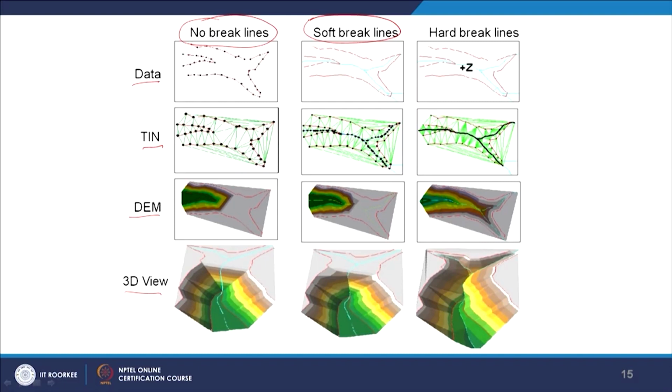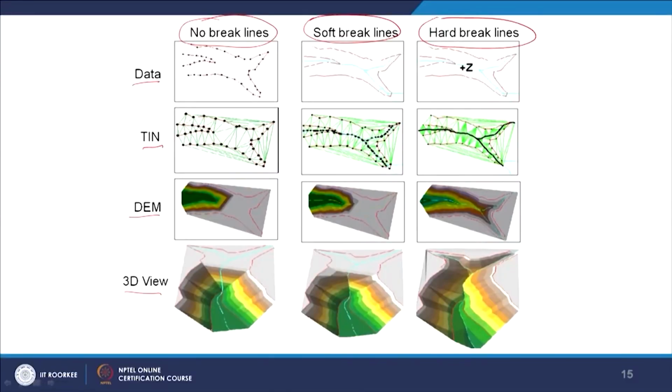Suppose there is some geological feature going vertically downward, for example a dike, a ridge or a quartz reef. If I am working from a groundwater point of view, then I would like to know whether there is any chance of groundwater flowing through that break line or geological feature or not.